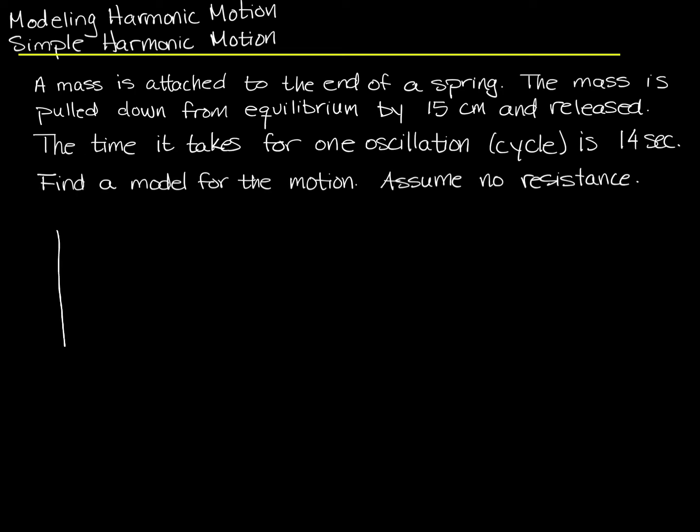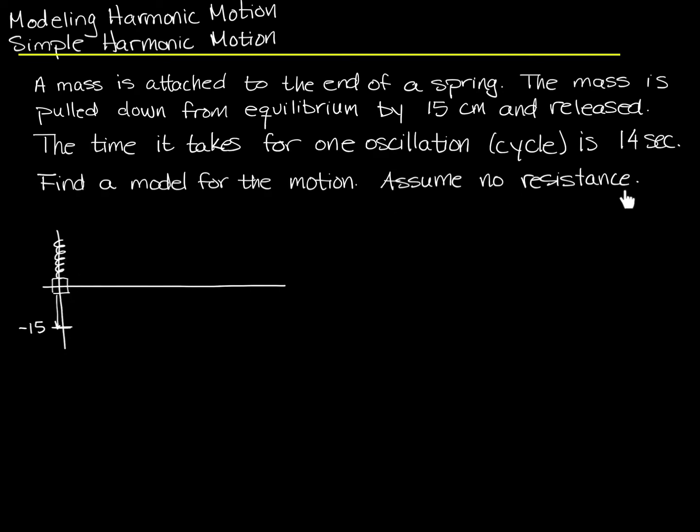I still like to draw a diagram for situations like this. My mass is sitting at rest at first, but before I let it go, I'm going to pull it down 15 centimeters. So this is at negative 15. And then I'll release it. From there, it's going to go up and then down and then up and down.